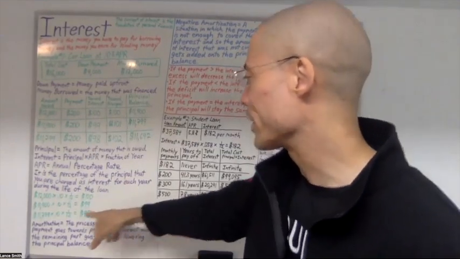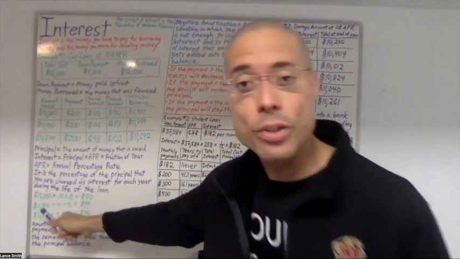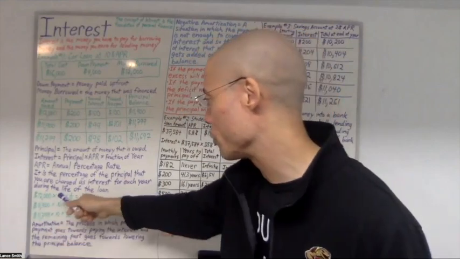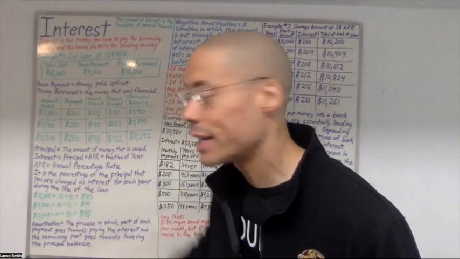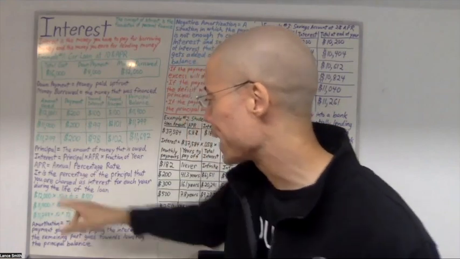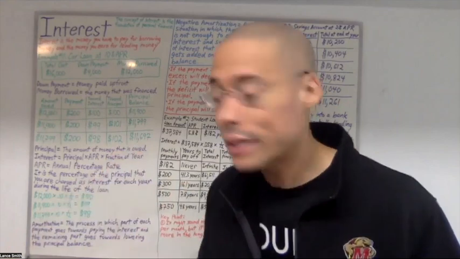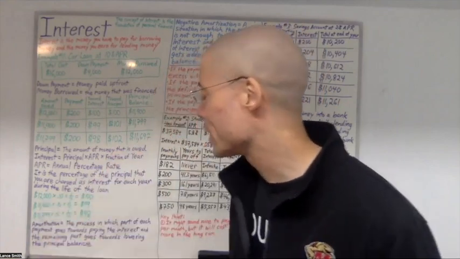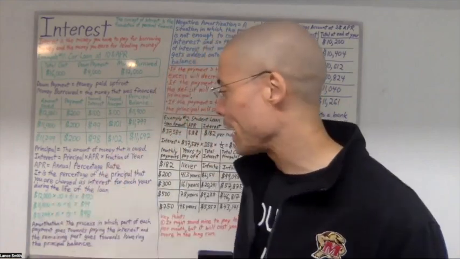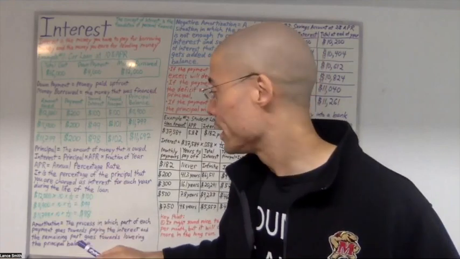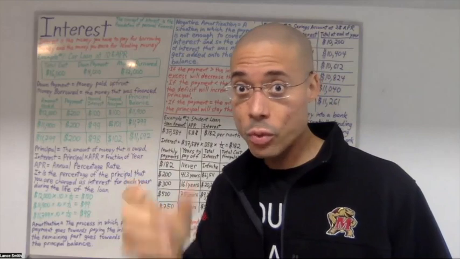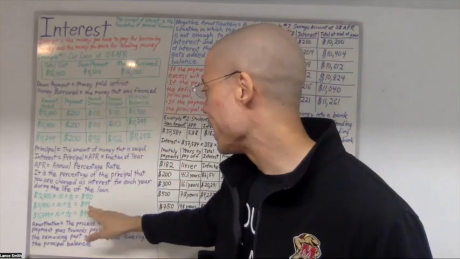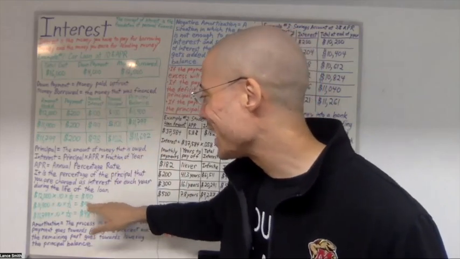Well, when we do our calculation now, it's not the 12,000, because we paid down the 12,000 loan to be 11,900. So now when we do the calculation for the second month, we're going to take 11,900, multiply that by 10%, and then multiply that by the fraction of the year, 1/12. And then that means we're going to get $99.